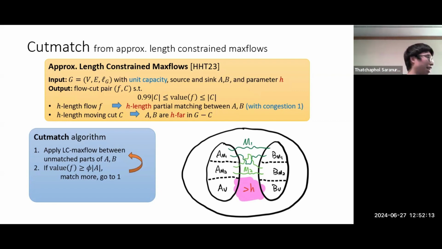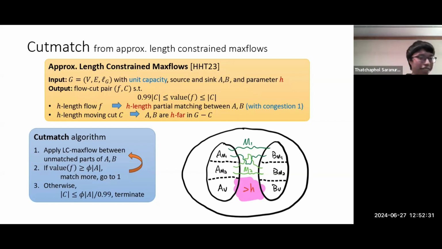Then we are good, and we just go to the next iteration. Otherwise, the flow value is small, which means the cut value is small. So the size of the cut is only a small fraction of A, and we are okay with this, and just terminate the algorithm.